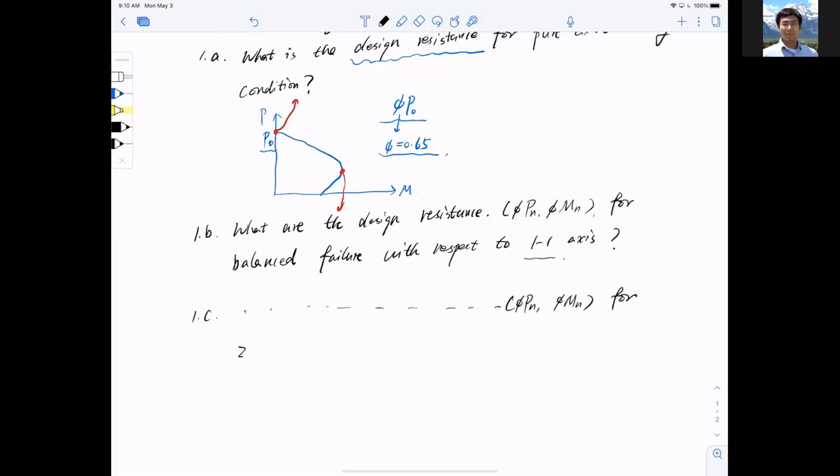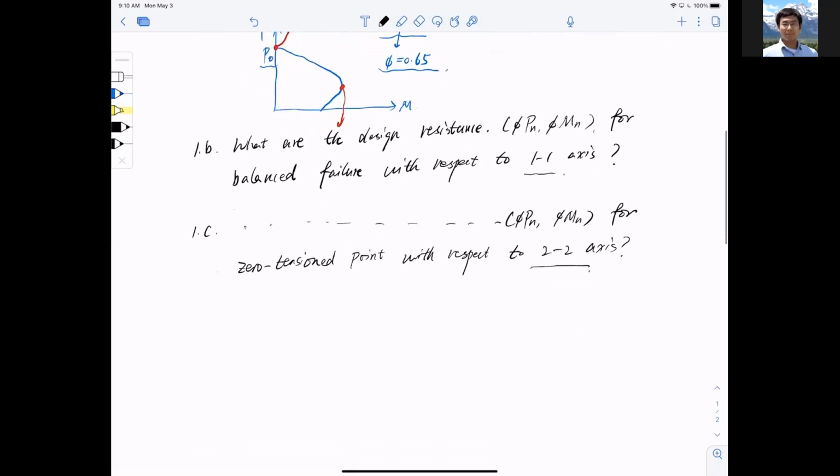For the zero tension point, with respect to 2 axis. So it changes now. Originally it was with respect to the strong axis. Now it is with respect to the weak axis. So that's 1C.